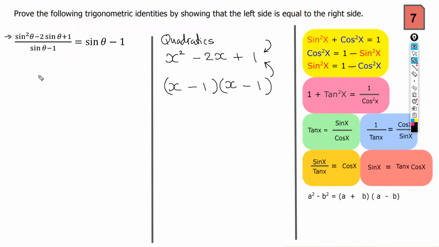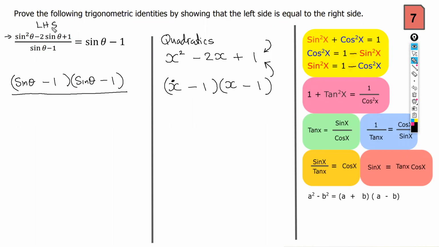So that means you could factorize the top. If you factorize the top, you will get sine theta minus 1 and another sine theta minus 1. The letter x is just being replaced with sine theta. So if you factorize the top, we get that expression.